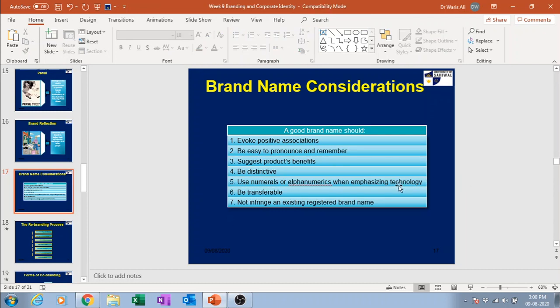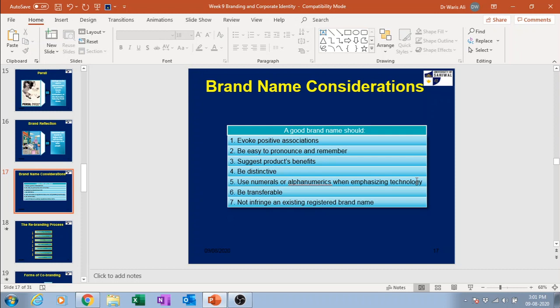Mostly this is useful for technological products like LCDs, computers, where these alphanumeric numbers are used. Name must be transferable. For example, Dawlance refrigerator, Dawlance deep freezer, Dawlance washing machine, Dawlance oven, and like that.